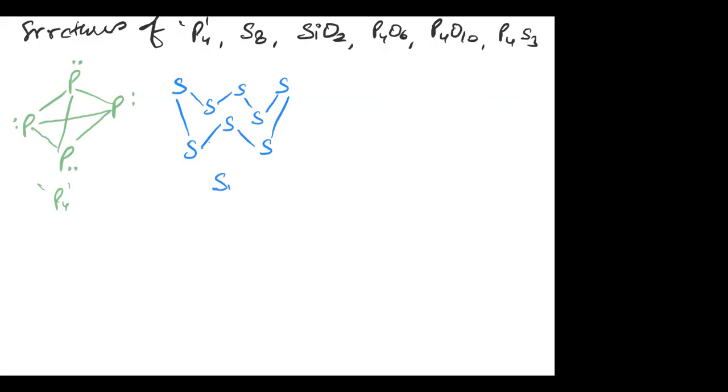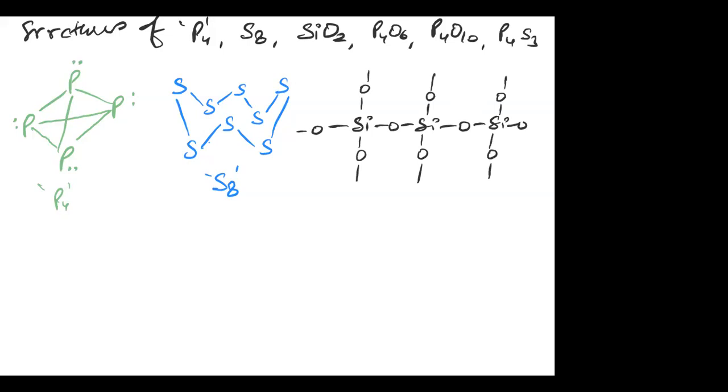So it is the structure of S8. In the case of SiO2, every silicon is surrounded by 4 oxygen atoms, as this. So this is the structure known as SiO2.